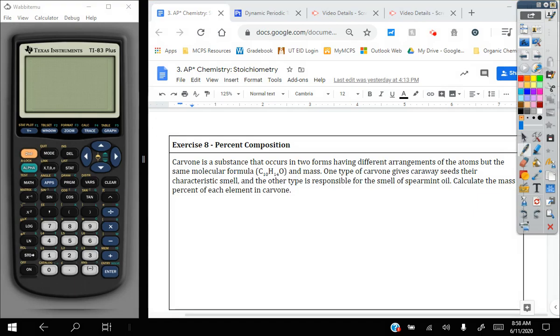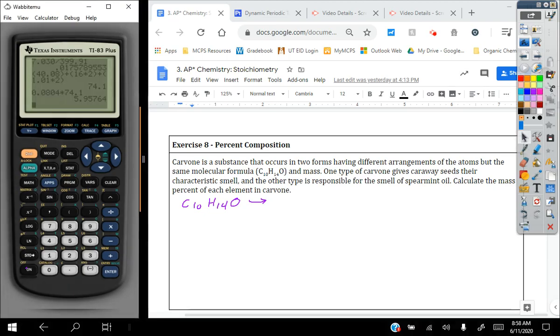So first, we're going to need our molar mass. So before we can do percent comp, we got to find the entire molar mass of this. Here we go. I know I've got carbon's mass is 12.01 times 10 carbons plus 1.01 for hydrogen times 14 of those plus the mass of one single oxygen.